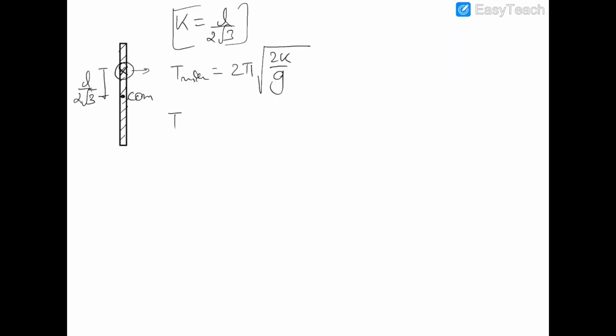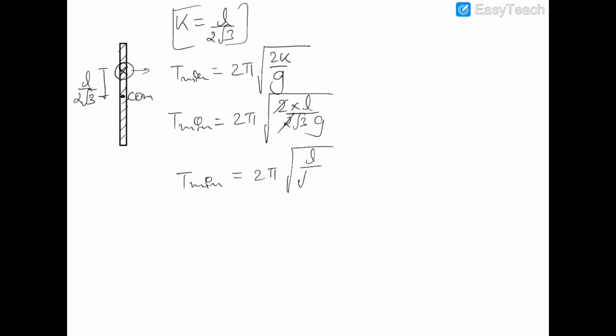So this minimum time period of this rod will be equal to 2 pi under root of 2 into L by 2 root 3 g. So this minimum time period will be equal to 2 pi under root of L by root 3g. So this is the minimum time period of oscillation of this rod.